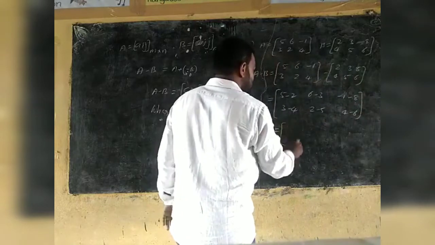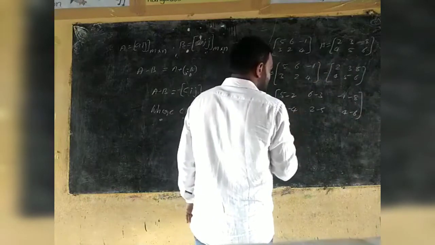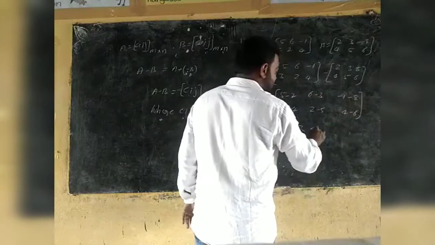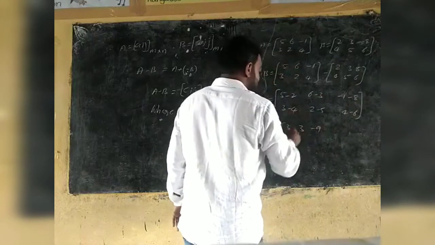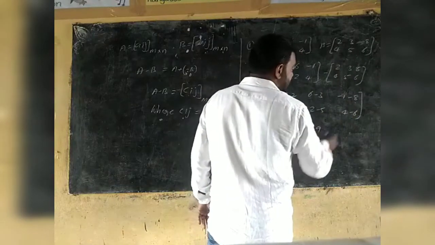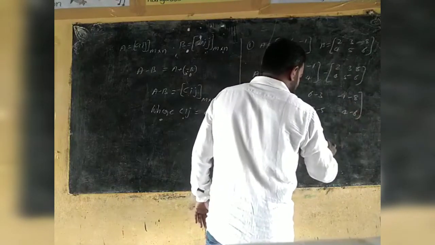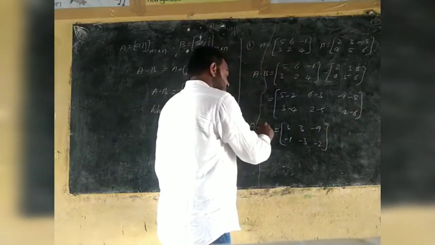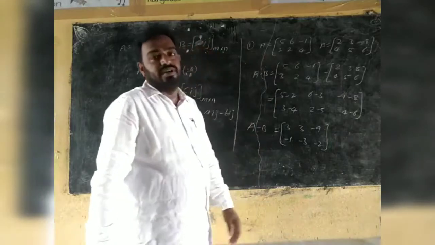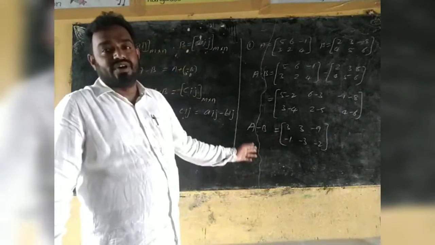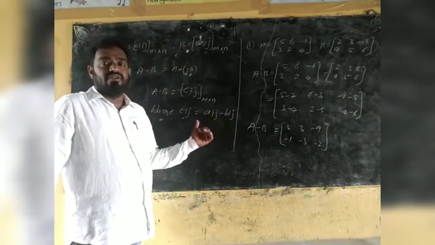This is equal to 3, 3, minus 9, minus 1, minus 3, minus 2. This one is the difference of the matrices A and B. That is A minus B is equal to this. Like this we find the differences of the matrices.